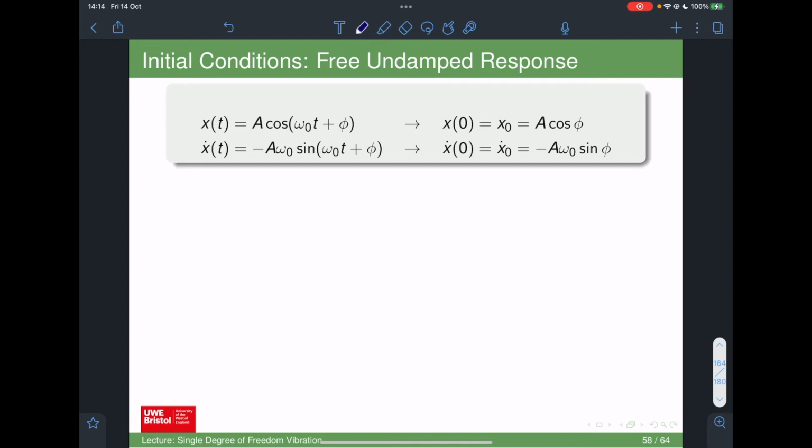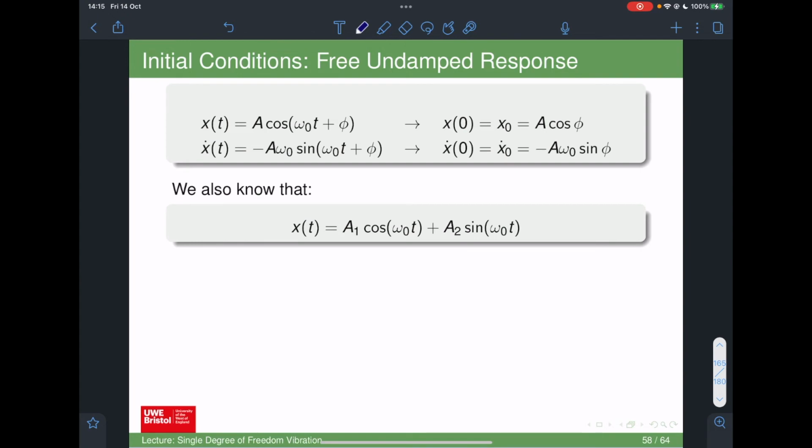Take the derivative, without the decaying exponential, and you end up with minus a omega naught sine of alpha. And the a cosine of alpha was a1, and a sine of alpha was a2.